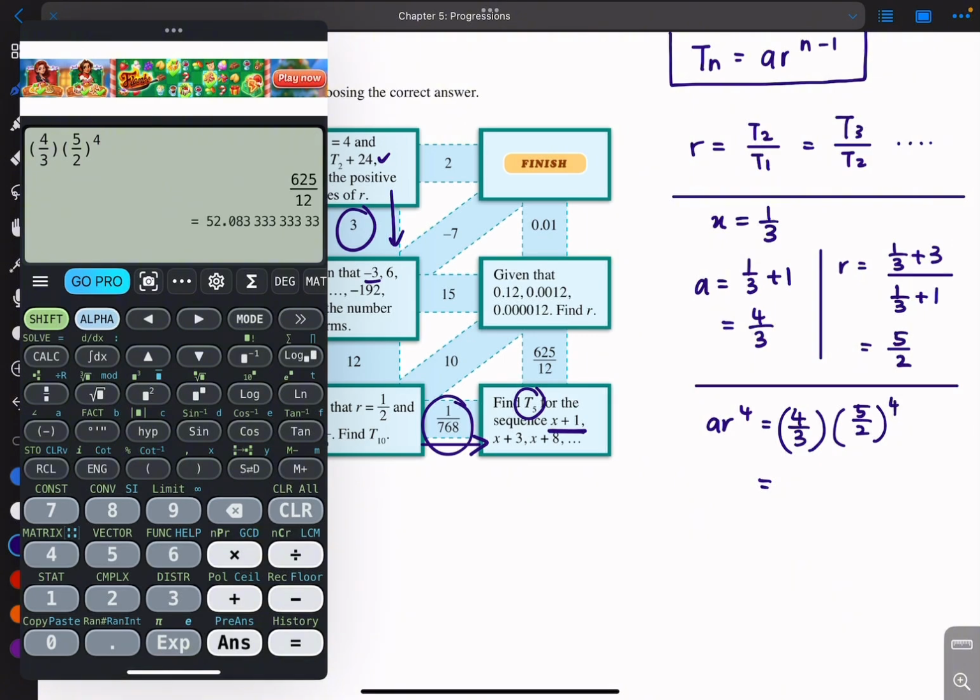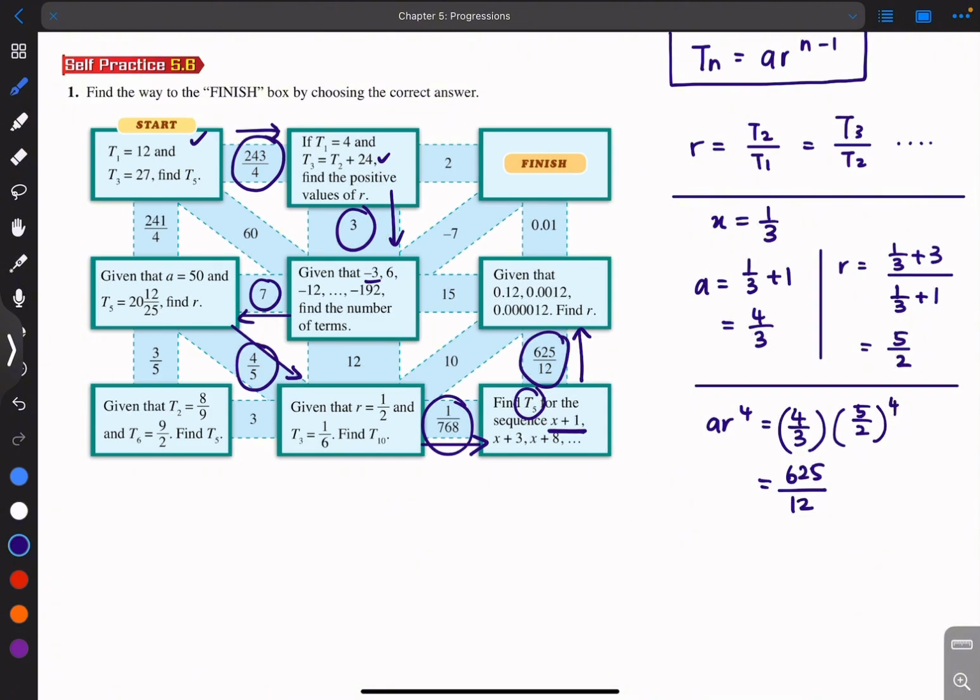So we get 625 over 12. So we go up. Done. All right, hopefully we are at the end.